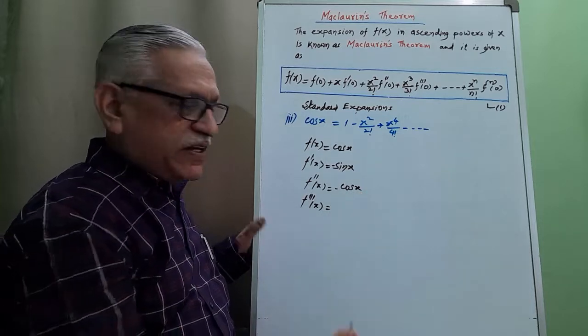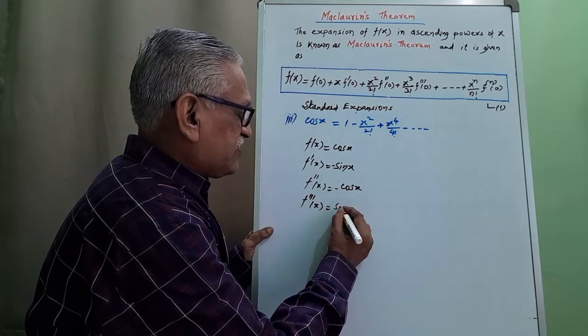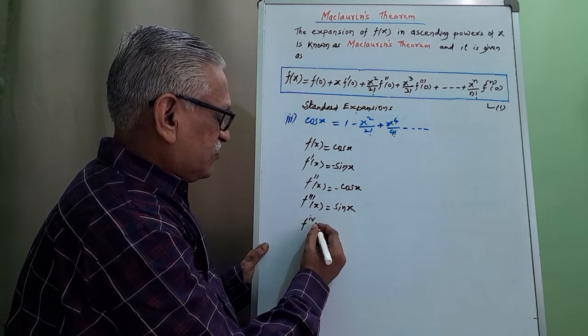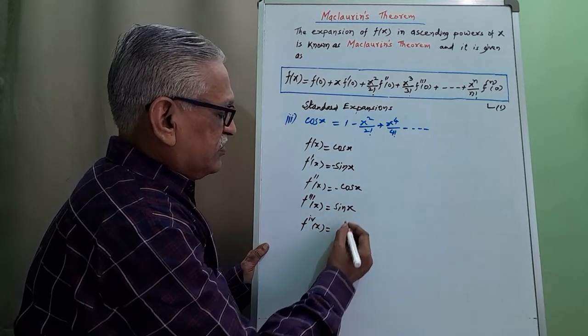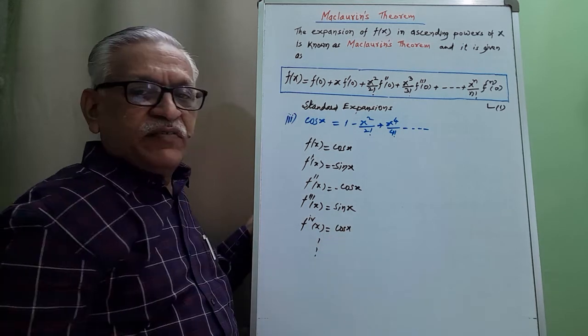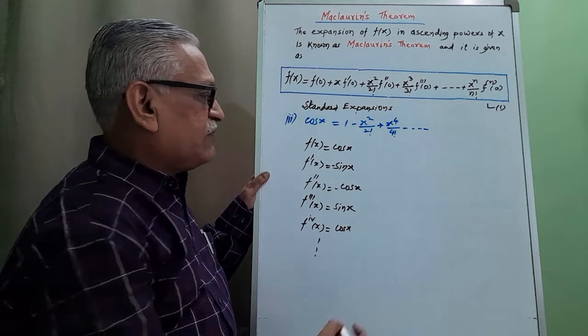Third derivative, derivative of cos x is minus, and this minus it becomes plus sin x. And fourth derivative is derivative of sin x is cos of x, and so on. We can find infinite number of derivatives.